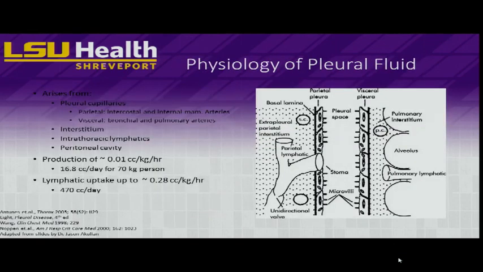So the pleural fluid itself arises from several places. You have the pleural capillaries, the interstitium, the intrathoracic lymphatics, and it can also arise from the peritoneal cavity through small diaphragmatic defects. And that becomes important in a few special types of transudative pathologies.